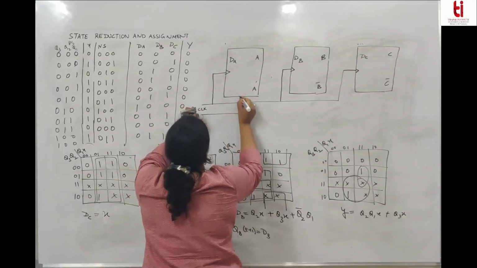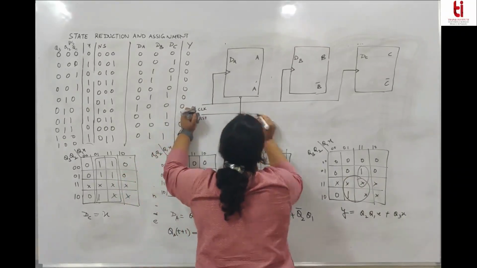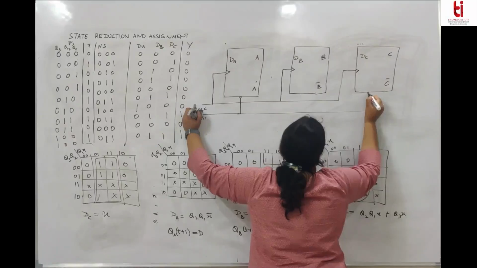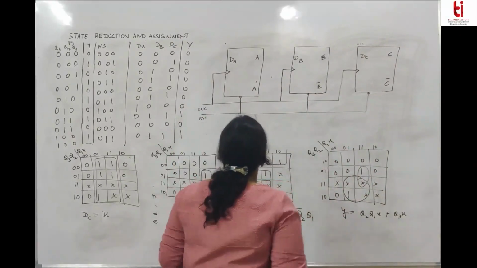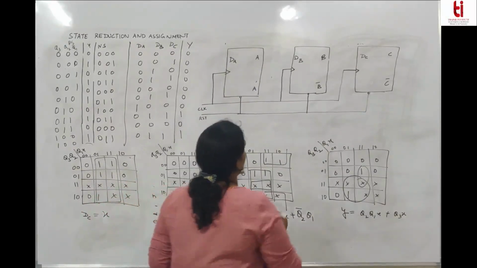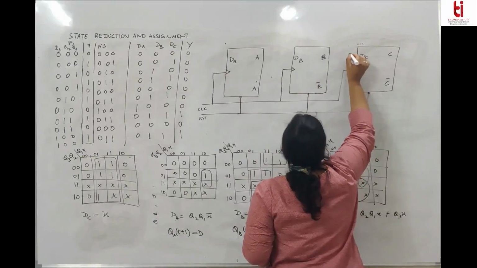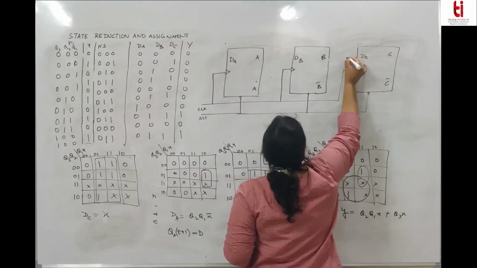I can give a reset also, asynchronous reset. Now what is DC? It is equal to X. So I can give these X.